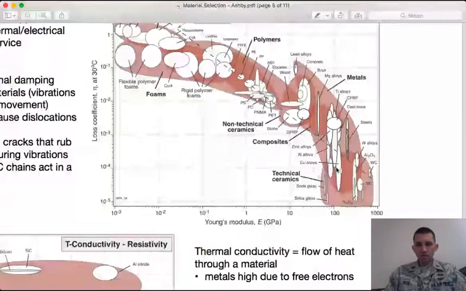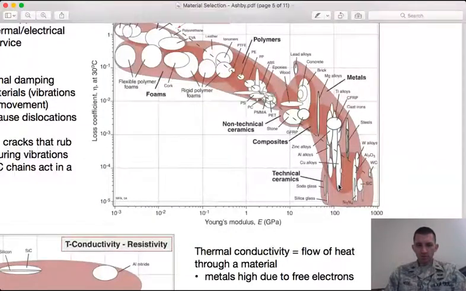Bronze is a copper alloy, and we see here that amongst metals, copper alloys have some of the lowest loss coefficients possible. And this is due to the pinning of the dislocations in bronze due to that high, I believe, zinc content.